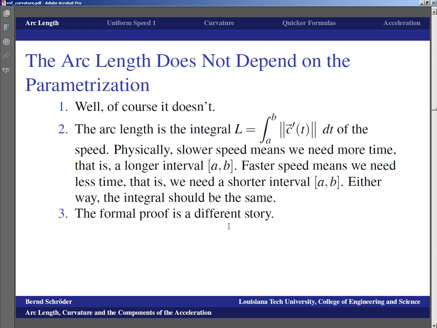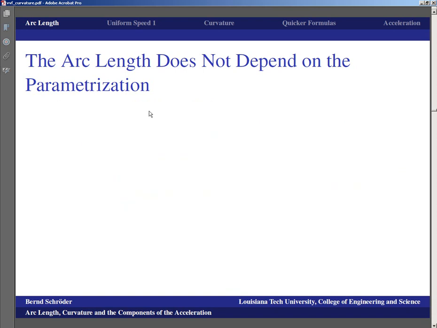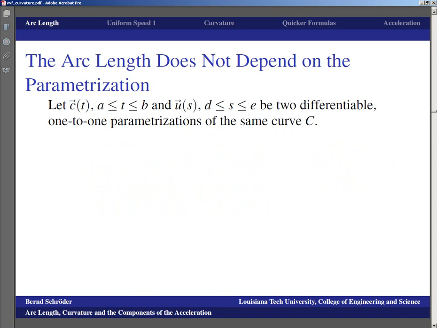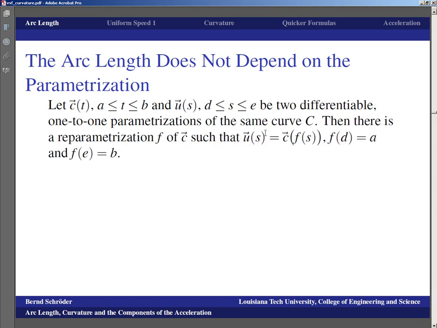The formal proof is a different story, and that's because the substitutions are kind of hard there. Let's talk our way through that anyway, though. We take c of t and u of s to be two differentiable one-to-one parametrizations of the same curve c, where a is smaller than b and d is smaller than e. Then, and this is the hard part of the proof that we're just going to quote, there will be a parametrization f of c so that u of s is c of f of s, where f of d is a and f of e is b.